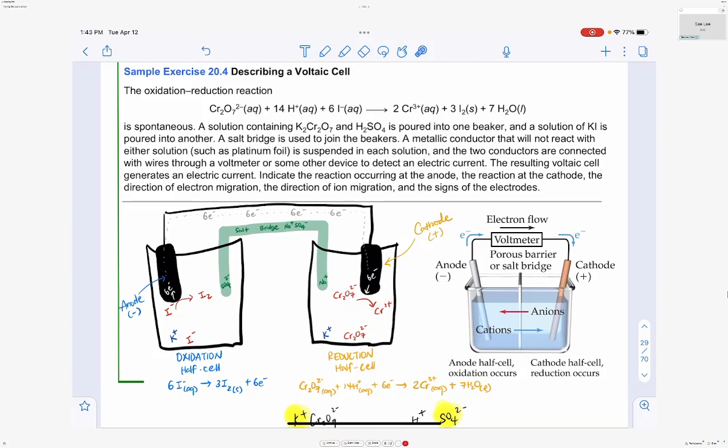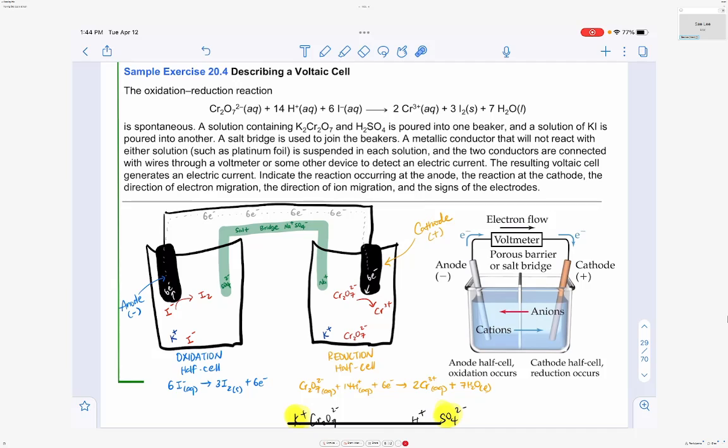You are given an oxidation reduction reaction. The question says this redox reaction is spontaneous. Solution containing potassium dichromate and sulfuric acid is poured into one beaker. Solution of potassium iodide is poured into another beaker.